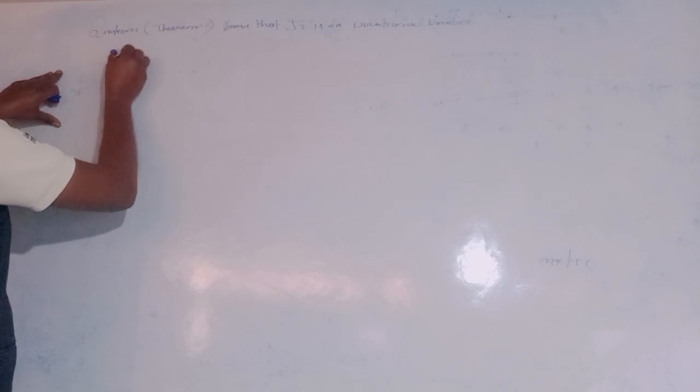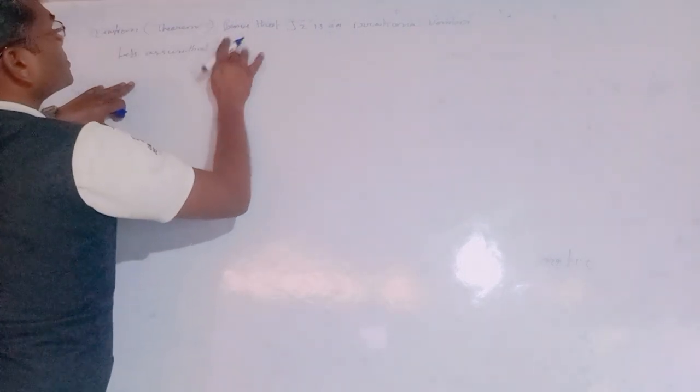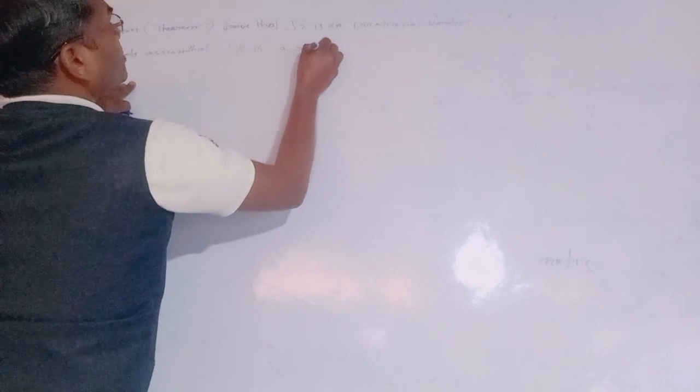Okay, we have to prove that root 2 is an irrational number. So let's assume that root 2 is a rational number.